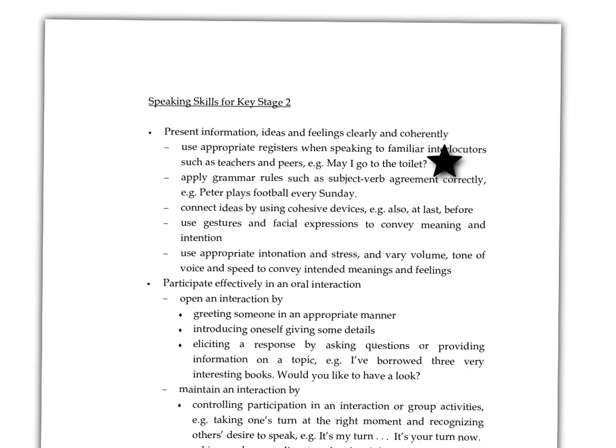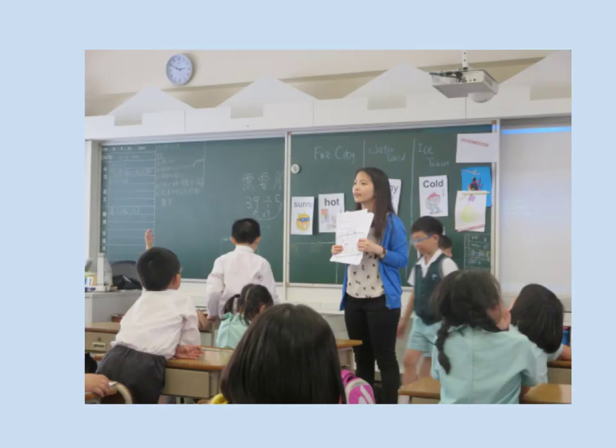Present information, ideas, and feelings clearly and coherently, using appropriate registers when speaking to familiar interlocutors such as teachers and peers. So in today's second language classrooms, we don't see much chalk and talk by the teacher, and instead you see students working busily on tasks, and through tasks they learn the grammar, the vocabulary, and then acquire the 4 skills.